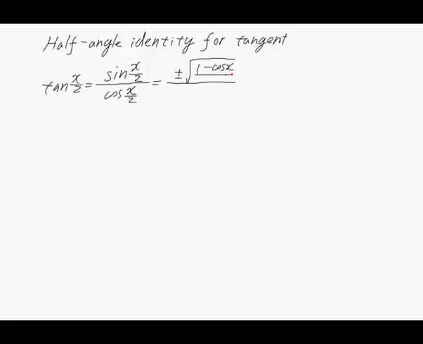Remember this? And then for cosine of half x is the 1 plus cosine x over 2, right? So this cosine of half x, just take the opposite sign under this radical before this cosine x, right? So in the case of the sine, we have the minus cosine x. Then in the case of the cosine, we have the plus cosine x. Okay.